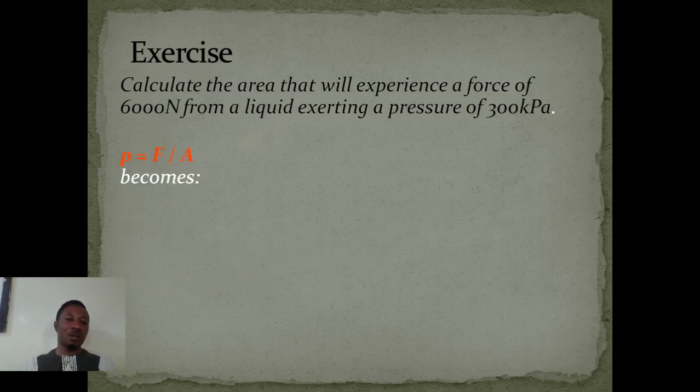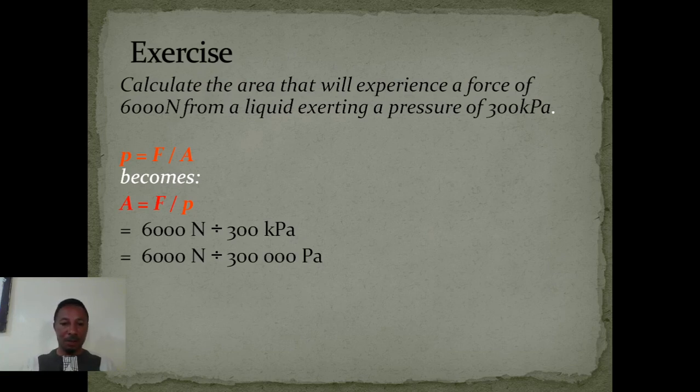Okay, the next one is: calculate the area that will exert a force of 6,000 Newton from a liquid exerting a pressure of 300 kilopascal. Mind you, kilo means what? 1,000, right? But if I don't ask you to convert the units, there's no need for you to convert, just solve. But if you must convert, then a kilo means 1,000 pascal.